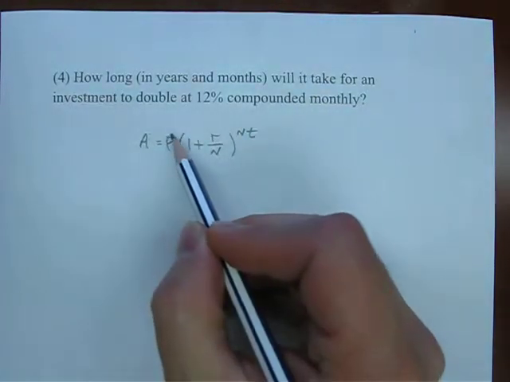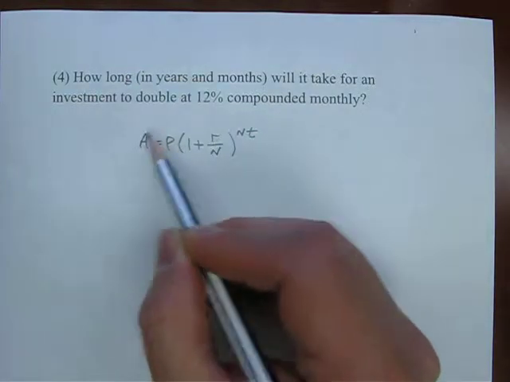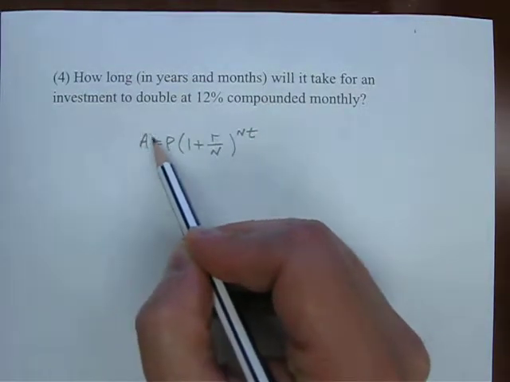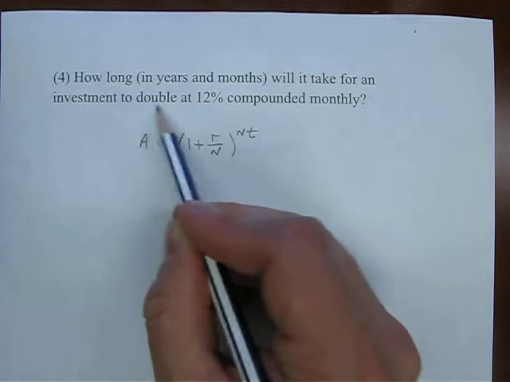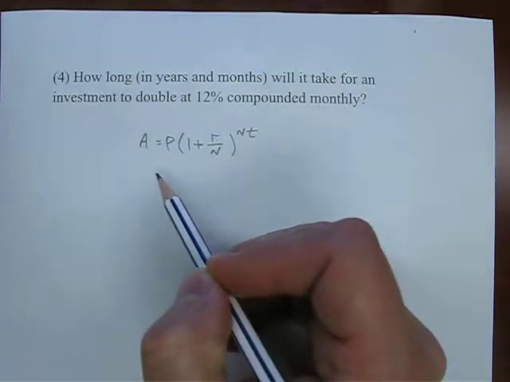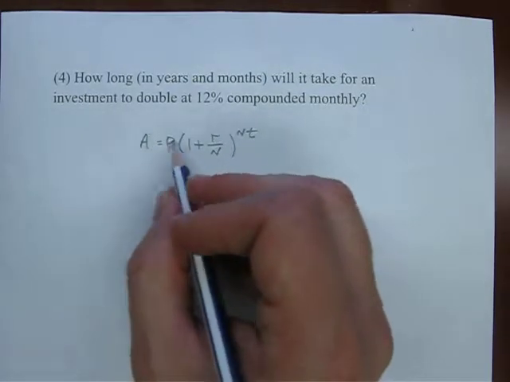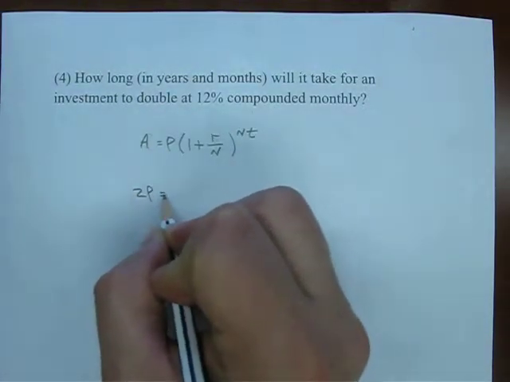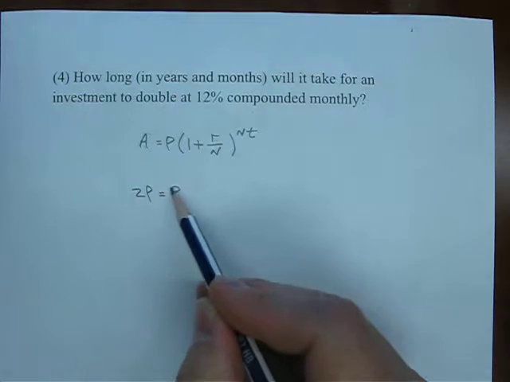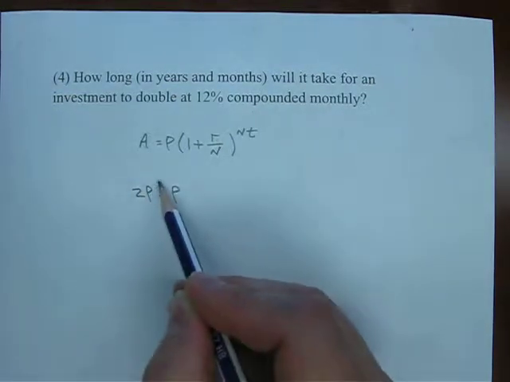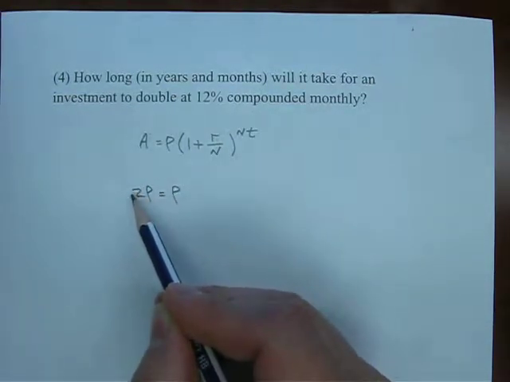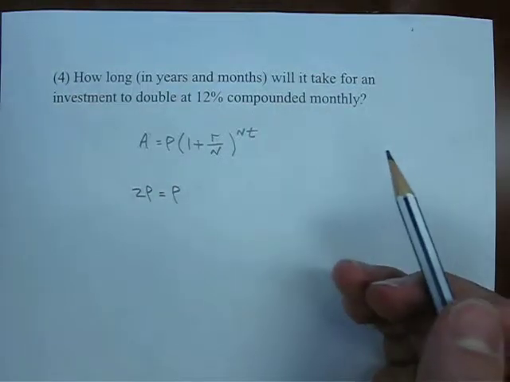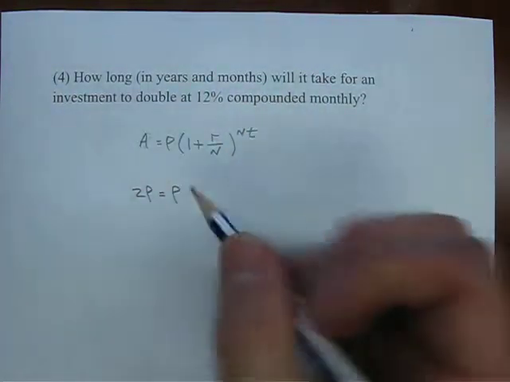So that's what we're going to use. Now, I don't know how much I start with. I just know that what I end up with is double what I started with, right? That's what it says. So we'll say I don't know that number, but I know this one is twice as big. So you invest P, but you end up with double that. That's as much as I can do. It doesn't tell me how much you start with.